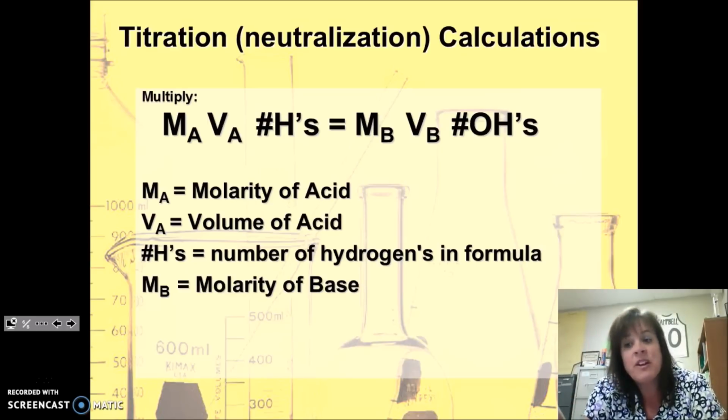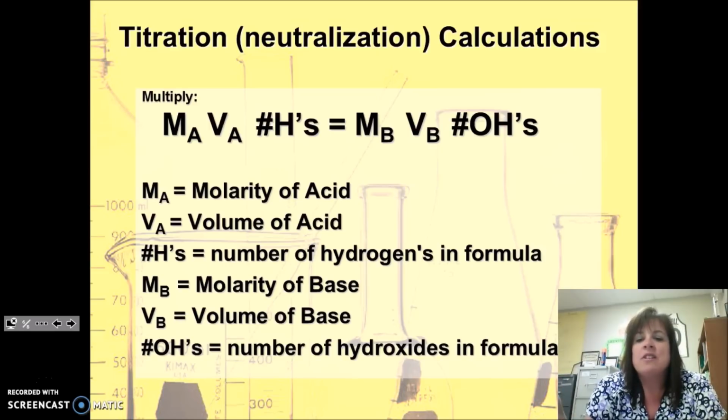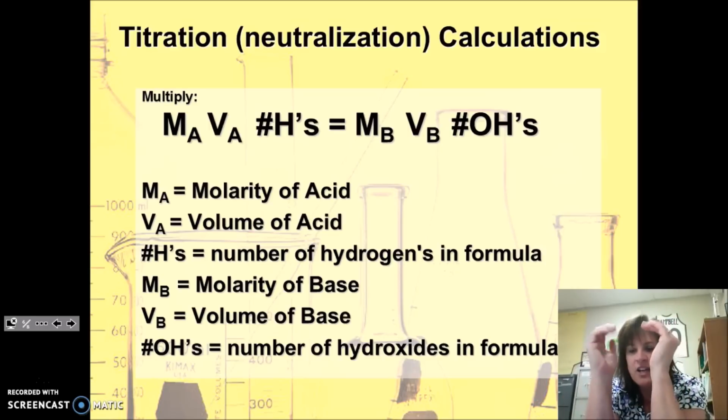MB stands for the molarity of base, or the concentration of base. VB is for the volume of base. And number of OH's are the number of hydroxides in the formula. So if we use something like sodium hydroxide, NaOH, that's just 1. But if we use something like calcium hydroxide or barium hydroxide, those are dibasic, so those have 2, Ca(OH)2.